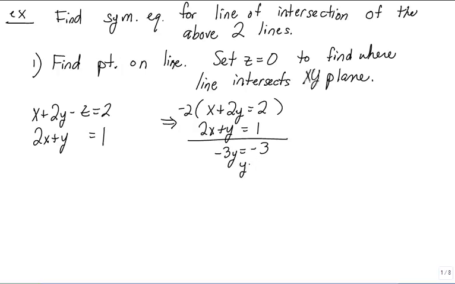So we get y equal 1. And if y equals 1, we plug it in here to that equation, and we get x equals 0. So here's our point. X is 0, y is 1, z is 0. So that gives us a point on the line.